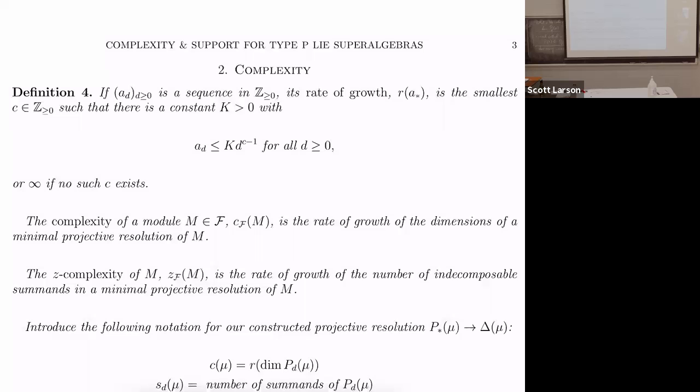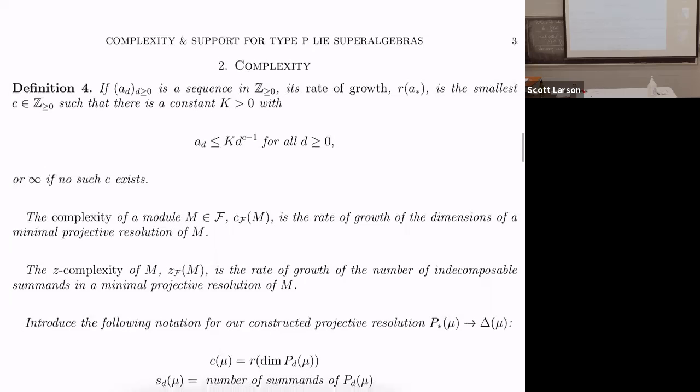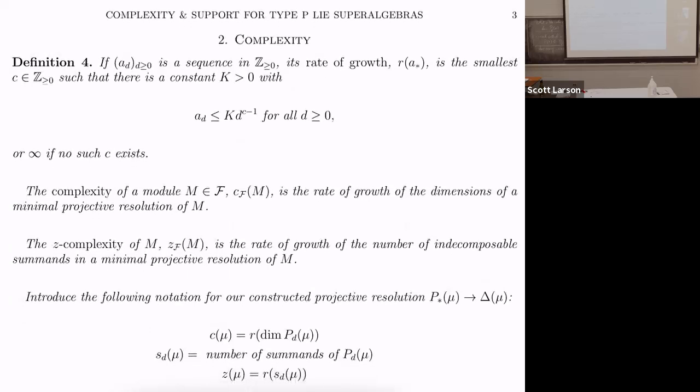And if there's no such c, then you say the rate of growth is infinity. The complexity of a module is the rate of growth of the dimensions of a minimal projective resolution. And in the Kujawa and Nakano papers, we introduced this other notion of the complexity of a module, which is the rate of growth of the number of indecomposable summands in a minimal projective resolution.